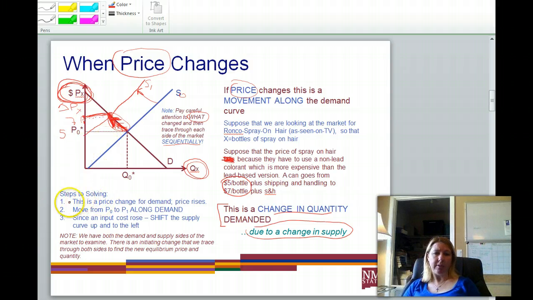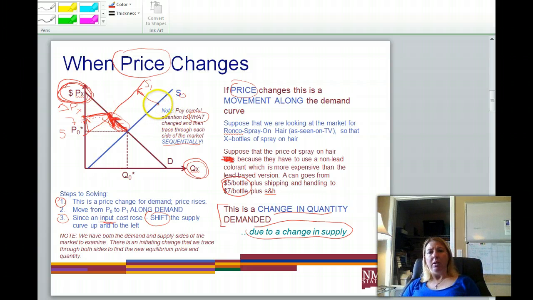So the steps to solving this type of problem: this is a price change for demand, and so the price is going to rise. We're going to move from P0 up to P1 along the demand curve, and then since there was an input cost rise, the supply curve changed because there was a cost increase in the price of inputs.